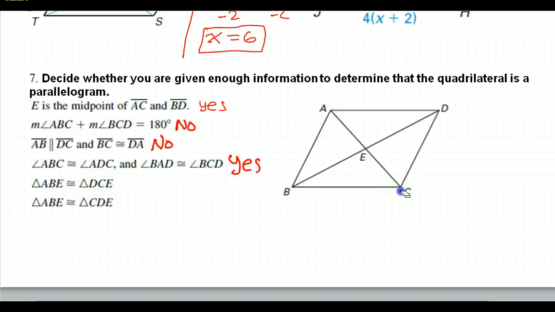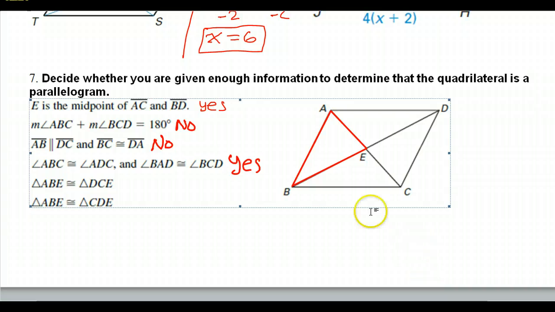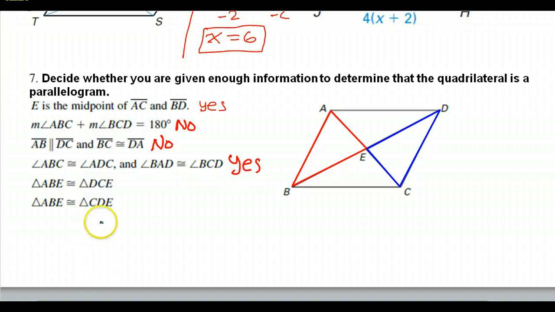Now, these last couple involve congruent triangles. Triangle ABE, okay, here's triangle ABE, is congruent to triangle DCE. Okay, so here's triangle DCE. Now, we have to be really careful with the way these letters match up. Look at these segments. Segment AB would be congruent to DC. So you can see from the order of the letters.